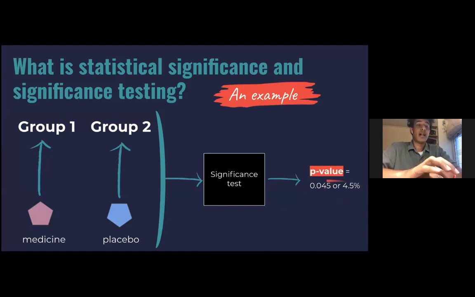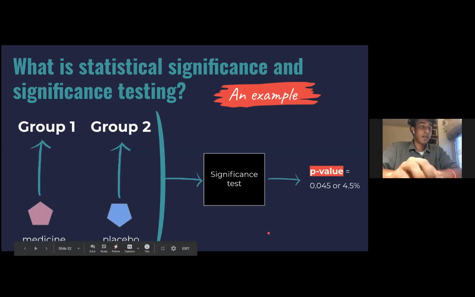Given this p-value, we can say that we're pretty sure that the results from this experiment are significant, and that we probably think the medicine does have a significant effect. Okay.